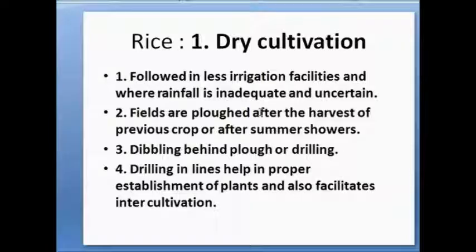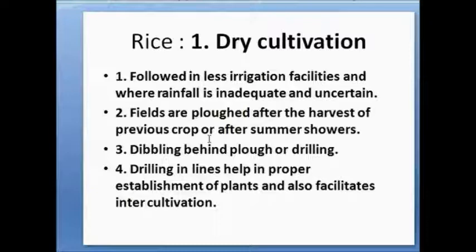In this case, first of all, the fields are plowed after harvesting of the previous crop, or after summer showers. Land is made clean, and then sowing of paddy can be done by drilling method or dibbling of seed behind plow.